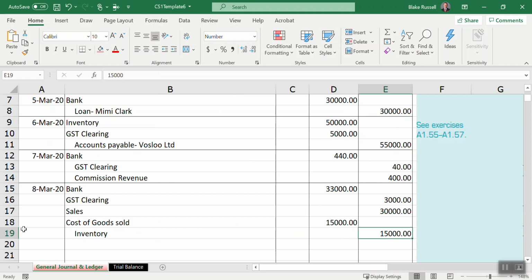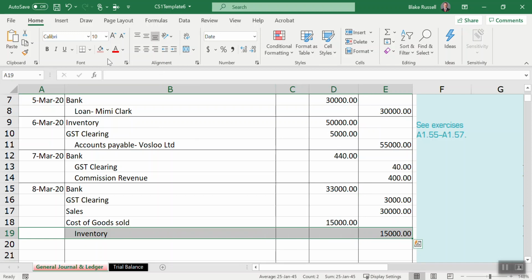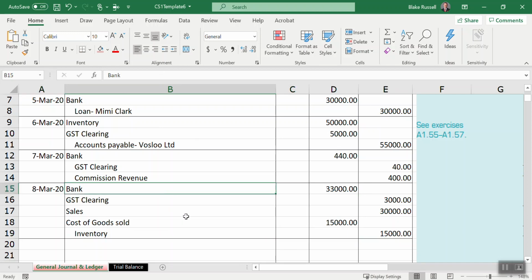Okay, now underline it. Could you put debits at the top? Debits at the top is the traditional way of doing it. So debits on the top, credits on the bottom.